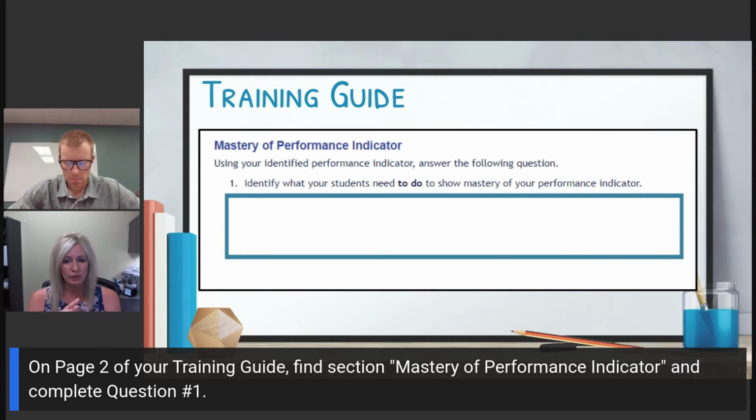Look at that student-friendly language on what your students are going to show you for mastery for that particular performance indicator. If you want to think about it through the lens of asking yourself, what am I looking for? What do I want them to show me? Take some time here to reflect on page 2 of your training guide and identify what to-dos you would like to see your students do for your indicator.